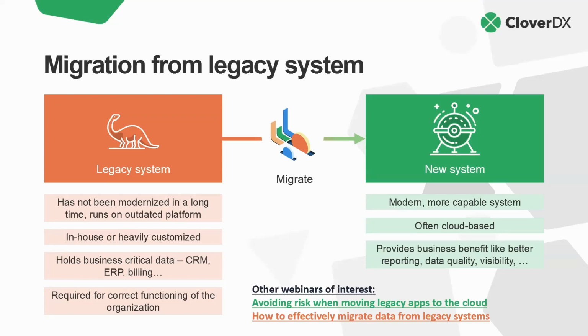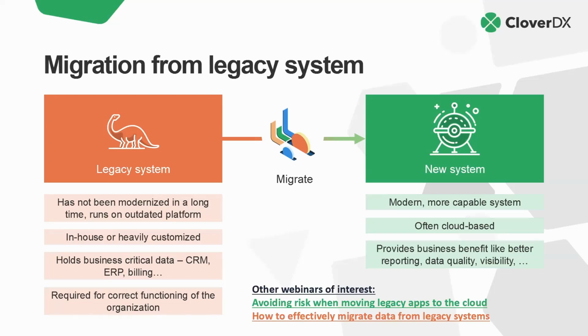It usually holds business critical information, things that our businesses rely on and have relied on for many years. Think CRM, ERP, billing, things that are at the end of the day mission necessary for anything that we want to do in our business as well. So again, required for correct functioning of the organization. And the idea is that we want to migrate to something that's a modern, more capable system.